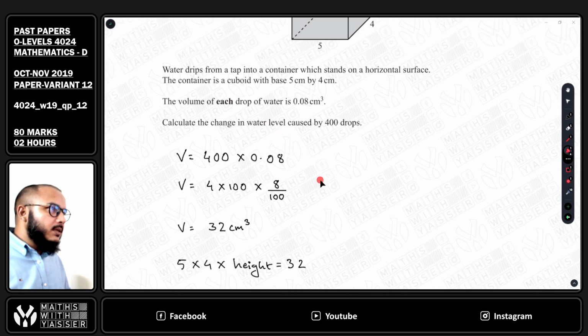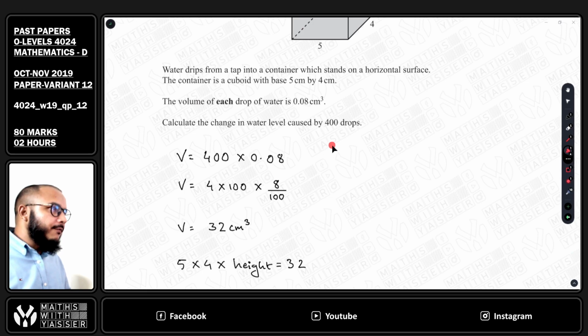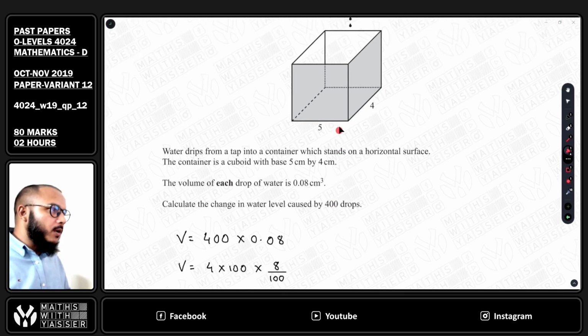We know that water takes the shape of the container. So the volume of the cuboid will be the volume of the water which is placed inside. If we manage to find the volume from there, we can manage to find the height as well.